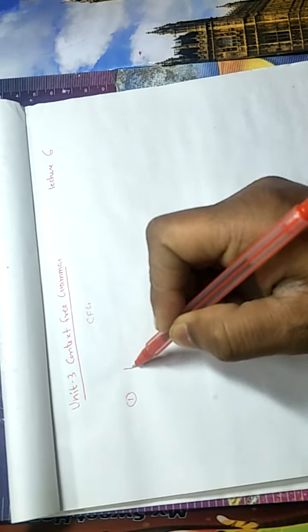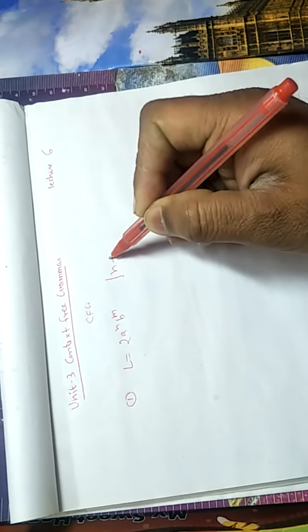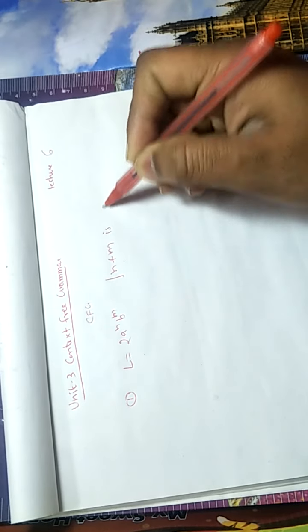First one is L equal to a raised to power n, b raised to power m, where n plus m is even. This is a known language, as we have written the regular expression for this language earlier in face-to-face classes.